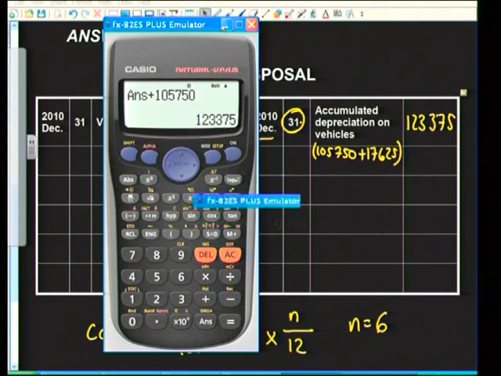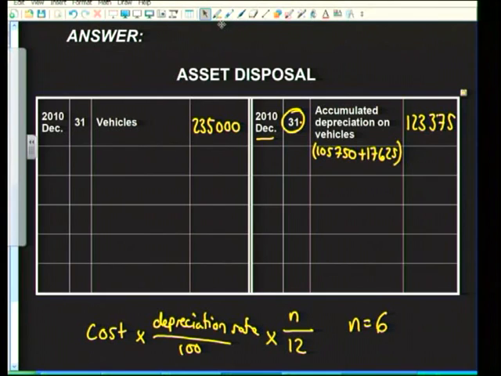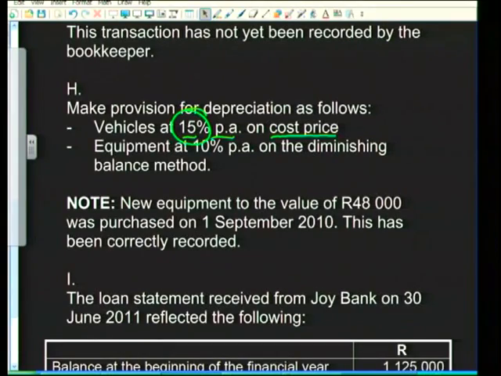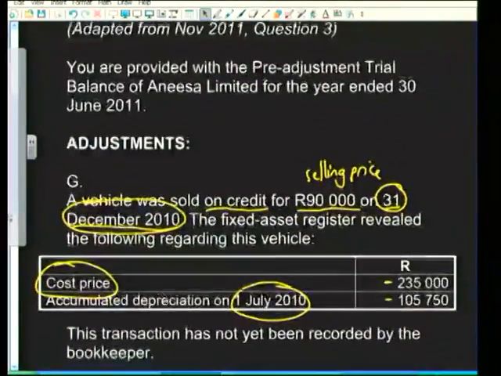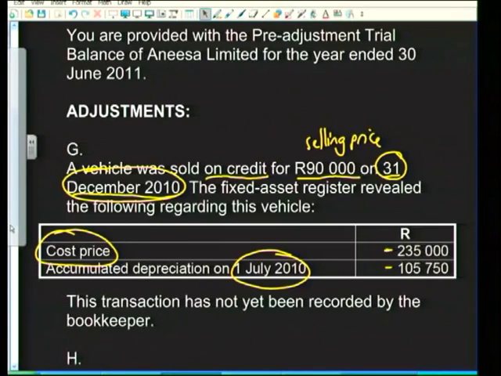Now that we've done that, we need to include the next item in our asset disposal account. And once again, you need to know that the selling price goes on the very next line on the credit side of this ledger account. Let's go back to the information. You will see here that the selling price, remember I circled it earlier for you, was 90,000 Rand and we sold it on credit.